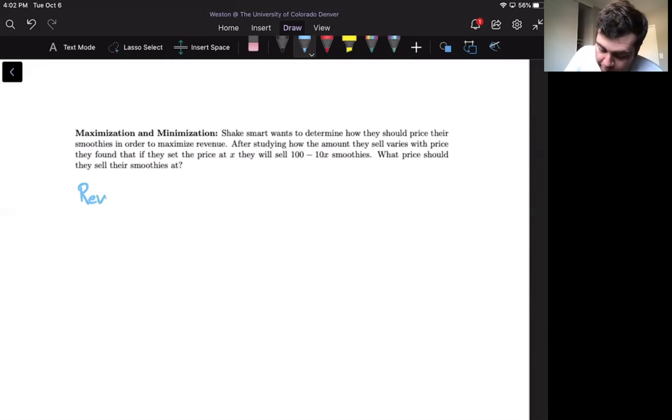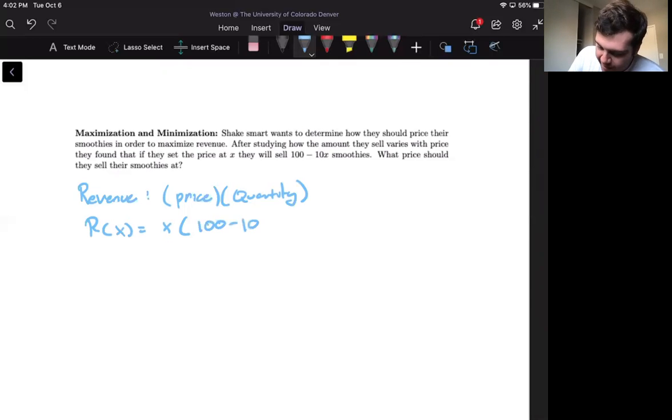So revenue is just price times quantity. And so we'll call that R of x equals our price x times our quantity sold, 100 minus 10x.